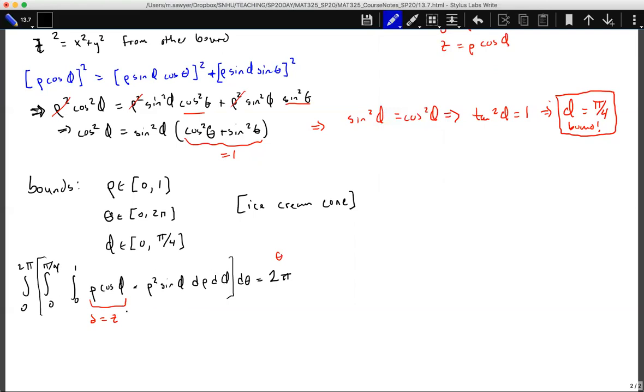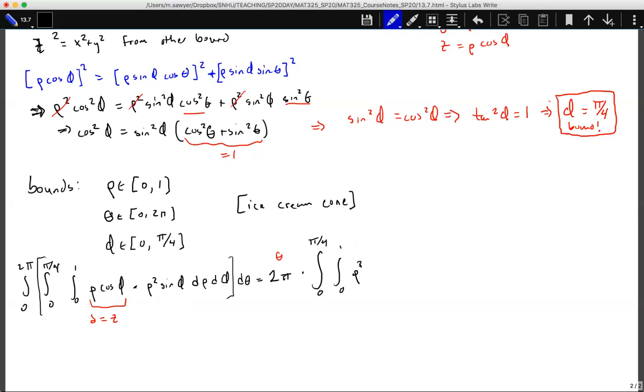So we can solve all of this inside piece, and then we know the theta bounds is 2 pi. We can't do it with rho because rho shows up in the problem and phi shows up in the problem. So those pieces may relate to each other. But theta does not show up anywhere in the problem, so everything else is a constant with respect to theta. So we can multiply that 2 pi and simplify our problem to start.